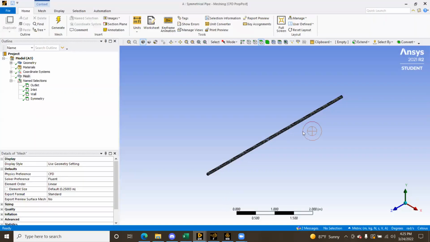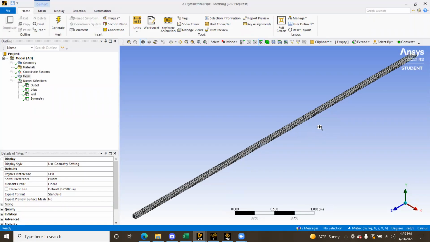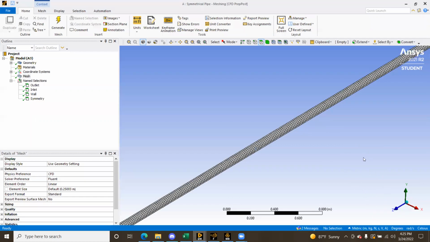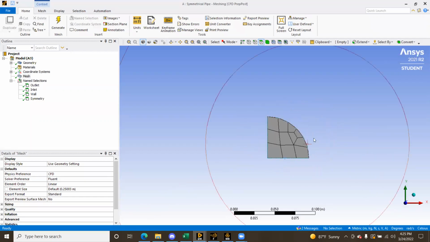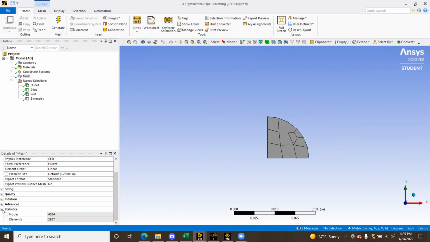So here's the mesh. I didn't do anything fancy with the mesh, just a few small things that I want to look at. I didn't change the mesh from the initial automatically generated mesh that Fluent created. If you look right here, the inlet and outlet mesh going along the axis of the pipe is a little bit strange.